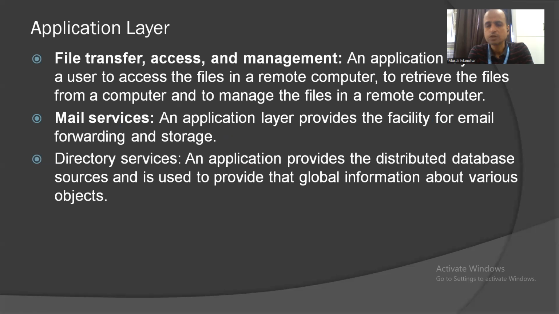Maybe that user can transfer that file from one system to another system, or from one system of one network to another system of another network. He can share that data. He can manage that data. So file or directory related processes or all work can be done at the application layer.